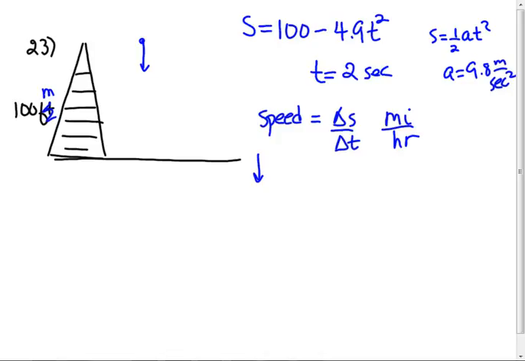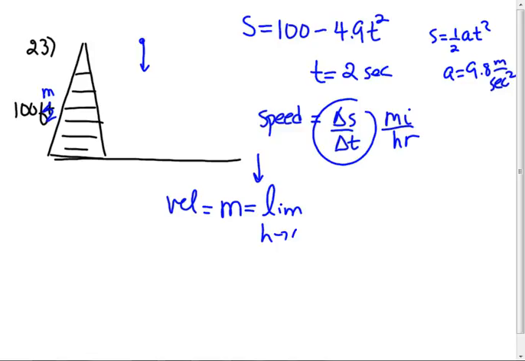So that's what we're talking about. Speed, your velocity, is how fast you're moving. So guess what I have to find here? I have to find this. So the slope, or the speed, velocity I'd rather call it, is the limit as h goes to 0 of s of 2 plus h, minus s of 2, all over h.